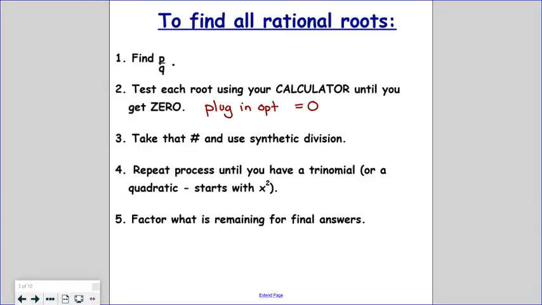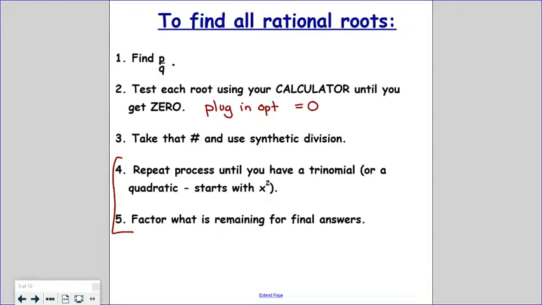When I finally find one that works, we're going to use synthetic division to work our problem down to something factorable. Now, these last two steps, we can adjust the wording a little bit. It says we have to get down to a quadratic or a trinomial. That's not necessarily true. We could get down to something factorable that's 4 terms if it's factorable by grouping. If I know more zeros than that, I can keep going past a trinomial. I can work it down to a linear, and then I don't have to factor at the end. So basically, work this down as far as you can.